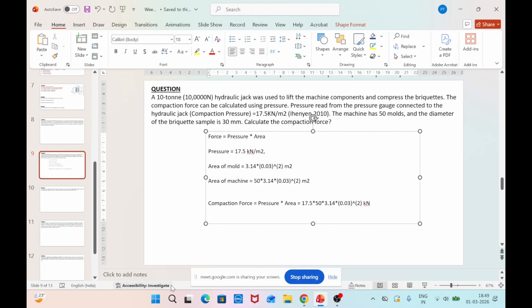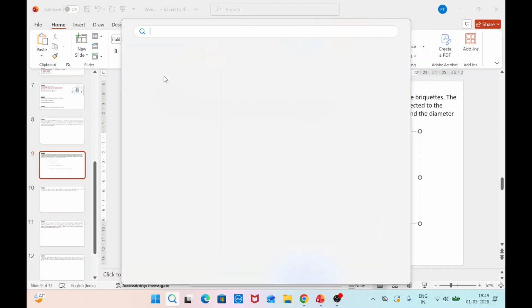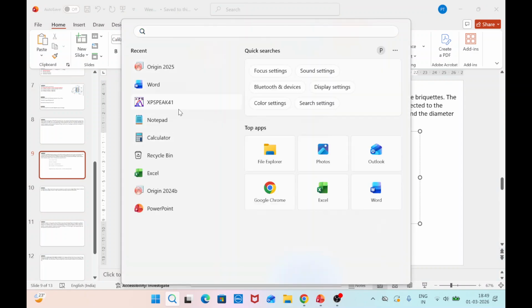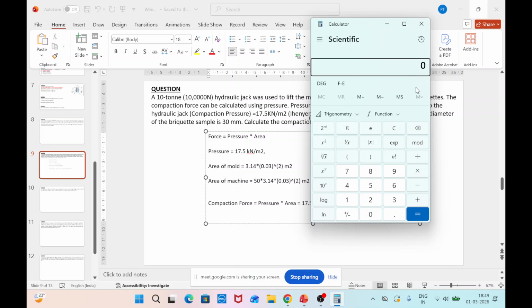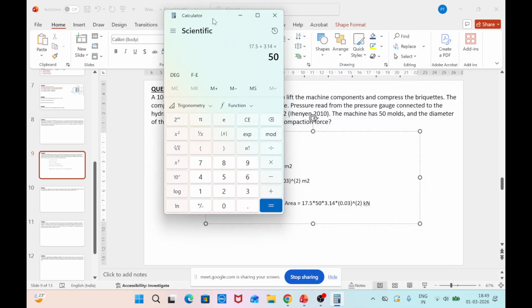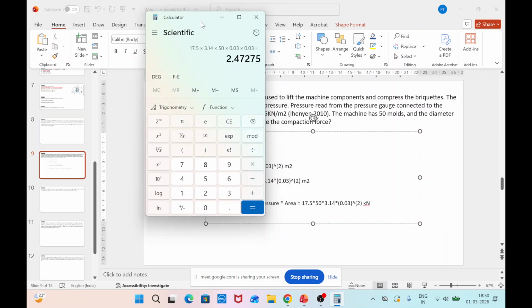So what would be the answer? Let me just use the calculator. So 17.5 times 3.14 times 0.50 times 0.03 times 0.03, this entire divided by 4.